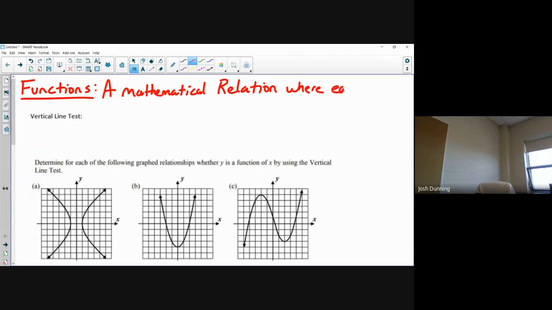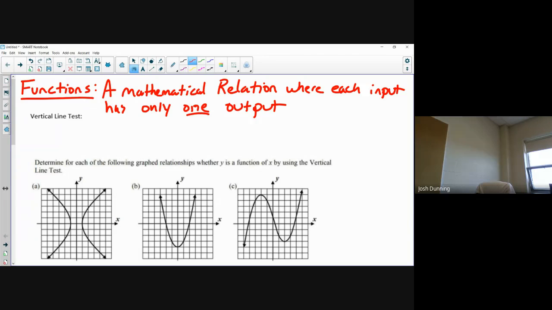where each input has only one output. Now, in algebra, maybe you had to worry about ordered pairs.